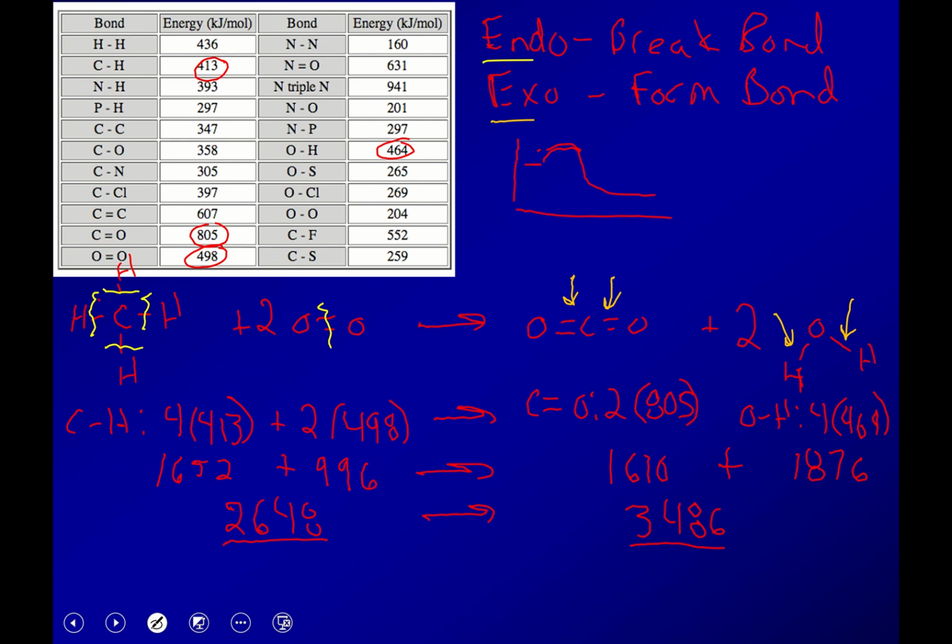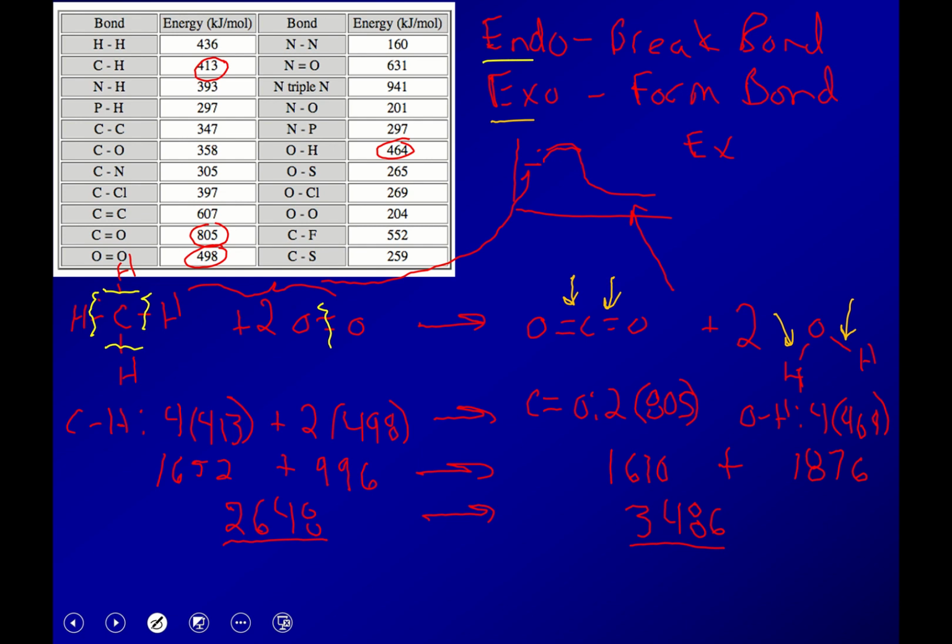What would this particular one be? An endo or exothermic reaction? Exo. So here's what we've got. Here are our products starting here. Here are our reactants starting here. So here's what we're going to do. We are going to find the delta H. Remember?